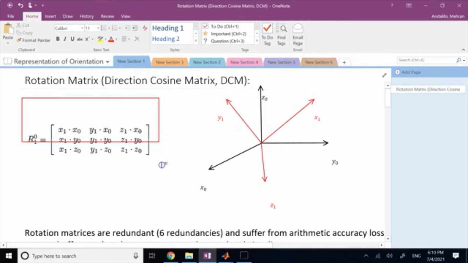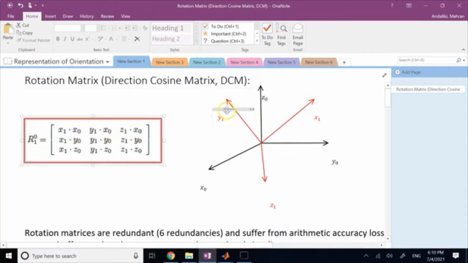Just in case you ever hear this word DCM or direction cosine matrix, that's another word people use to describe the rotation matrix.